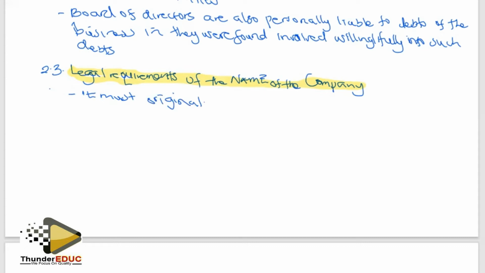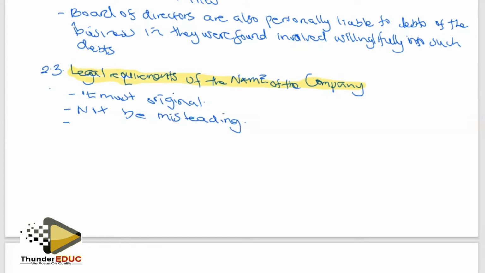It must not be similar to any other business name. It must not be misleading. Some people give names to their businesses which cannot fully explain what the business is all about. They just give a name without telling us what exactly the business does.